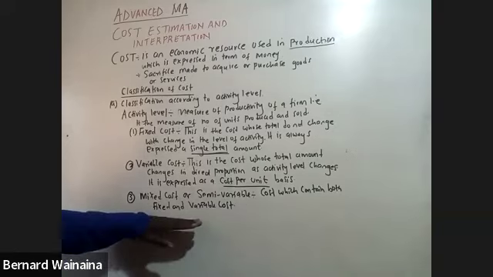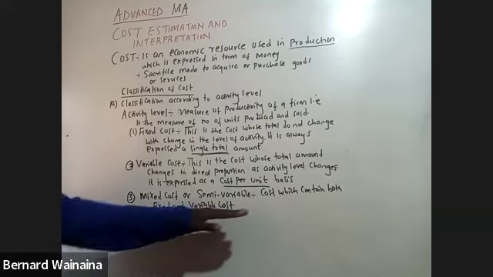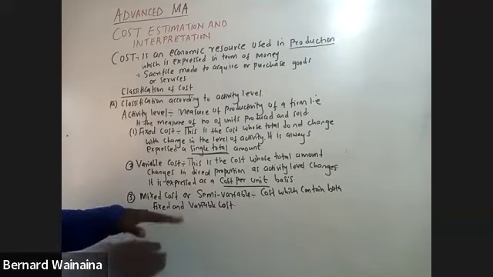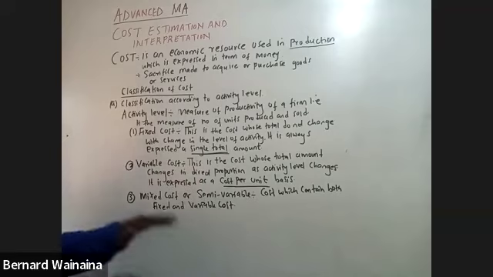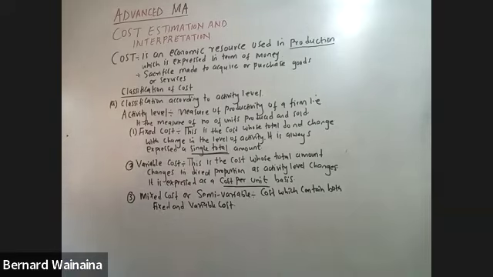So when we have both fixed and variable elements, the best method to predict cost is the account analysis method. I hope everyone can remember that.